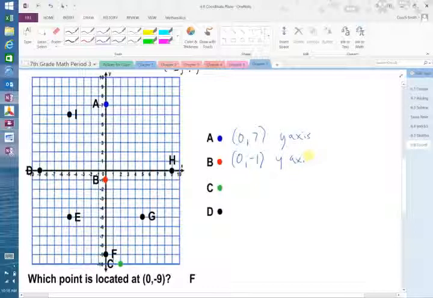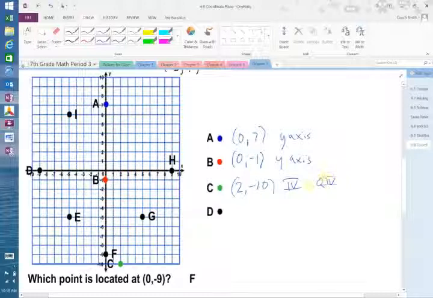What about C? Don't get confused. C is not on the y-axis. Celine? 2 and negative 10. That is correct. And what is its location? Cameron? Quadrant 4. So we would put 4, or you could put quadrant 4.